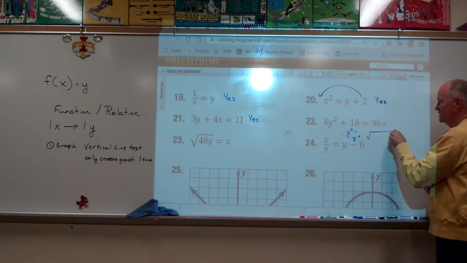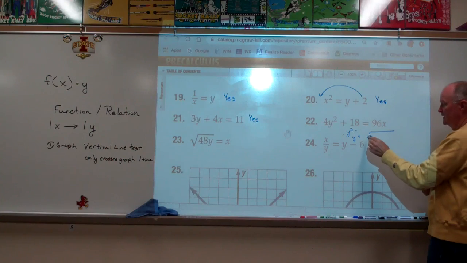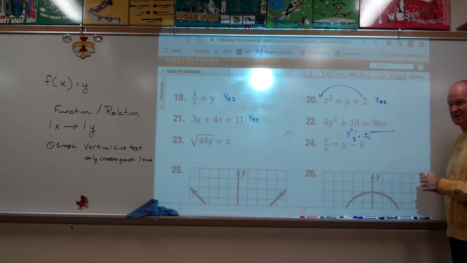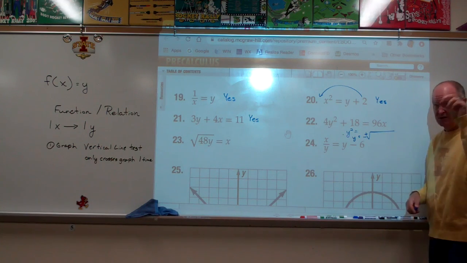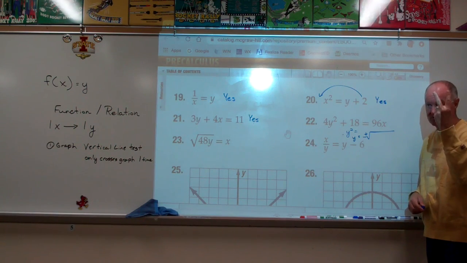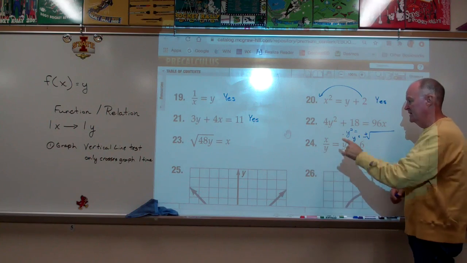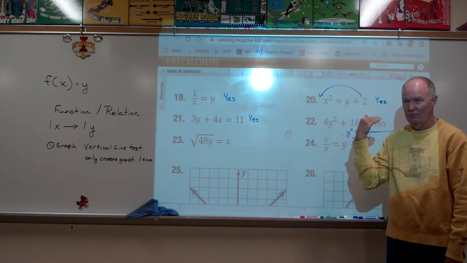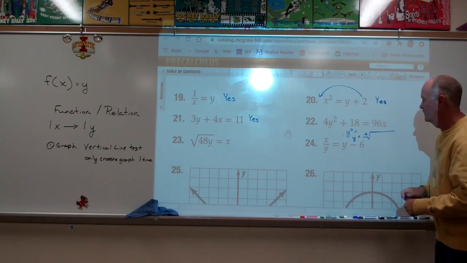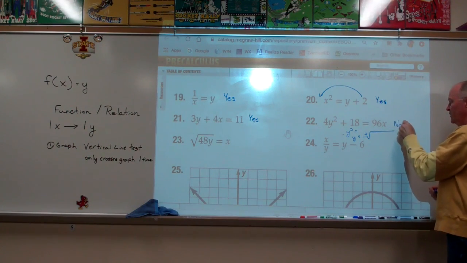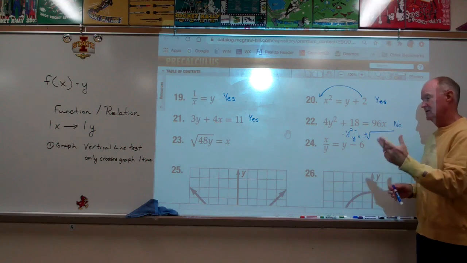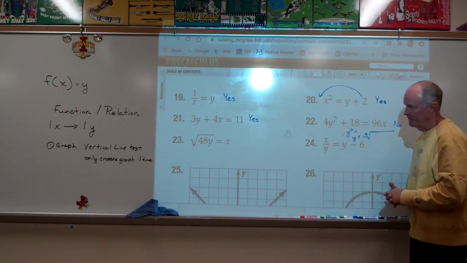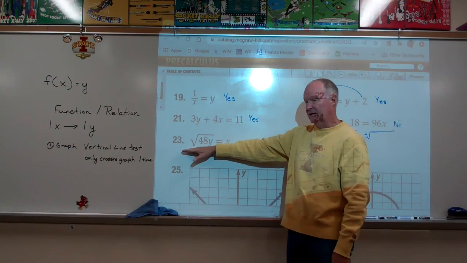But whenever I take the square root, that is either a plus or a minus. That actually is not a function. There's two values. The quick thing for you is if you see a y squared, it's a no. Because you're going to have to take a square root. So this is a no. Anytime you're going to have to do a plus or a minus, you're going to have to get it out of there. Now, number 23.